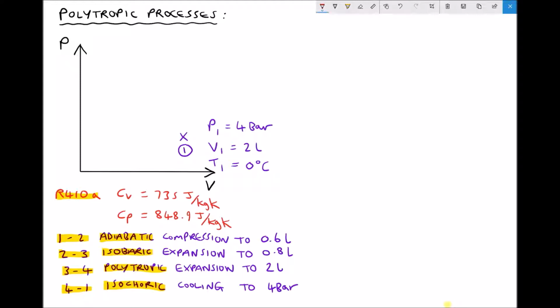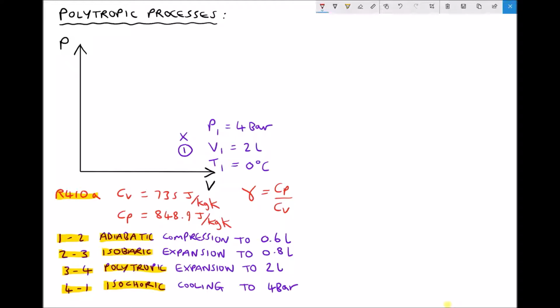Now before we can evaluate an adiabatic compression, we need to know the adiabatic polytropic index for our R410A gas. Now the adiabatic polytropic index can be calculated by doing Cp divided by Cv. So the adiabatic polytropic index is dependent on other constants for the particular gas.